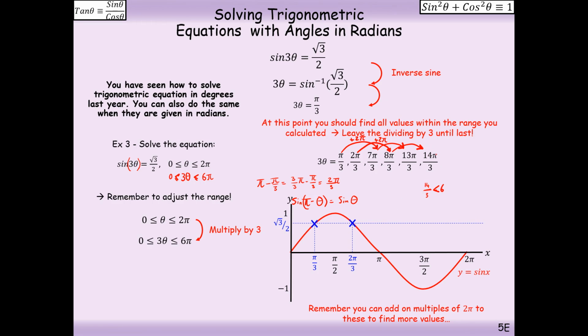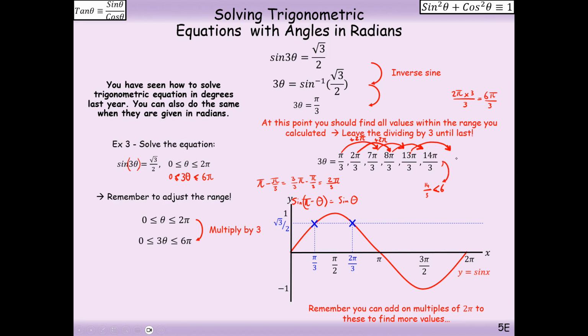But as soon as we add another 2 pi here, if we give it a denominator of 3, we multiply it by 3, so that's the same as 6 pi over 3. So if I add another 6 pi over 3 to 13, I will have 19 over 3, which is more than 6 pi.